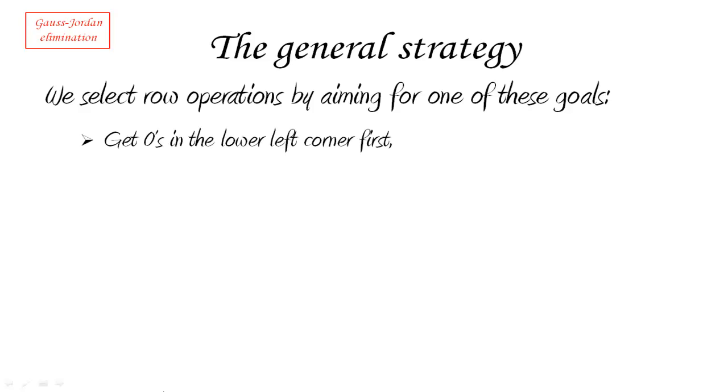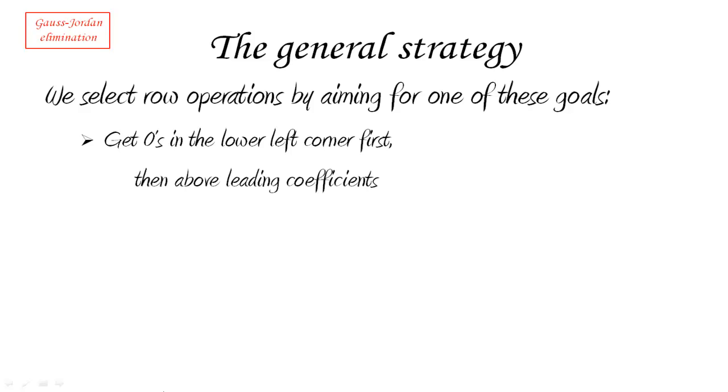Okay, so of course we're going to use row operations, and we're going to choose them. Remember, at every step we have to choose a row operation. We're going to choose them by aiming for one of these goals. One of the things we want to do is get zeros in the lower left corner first. That's what's going to allow us to get the REF form. So that's the first aim that we're going to look for.